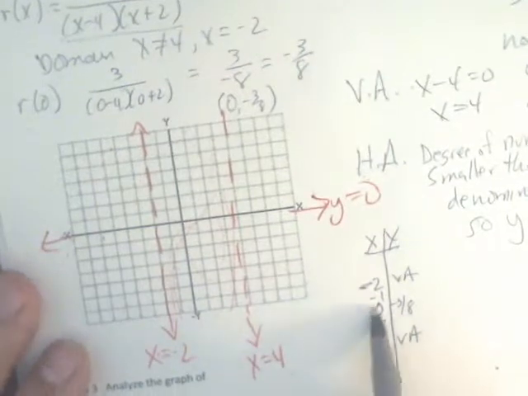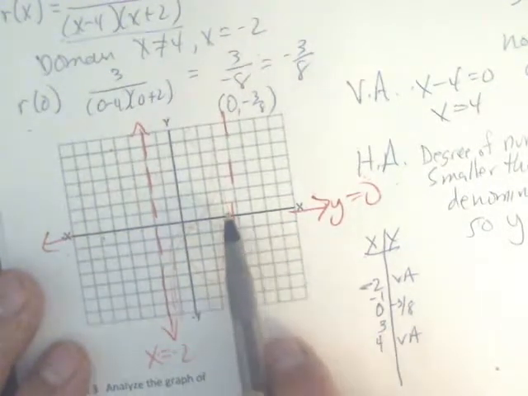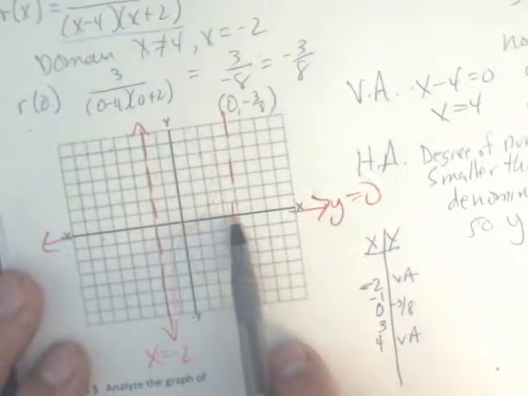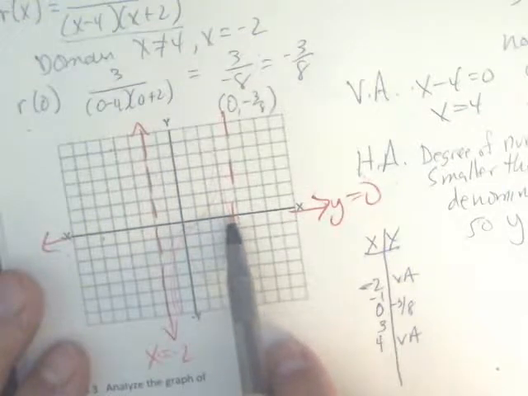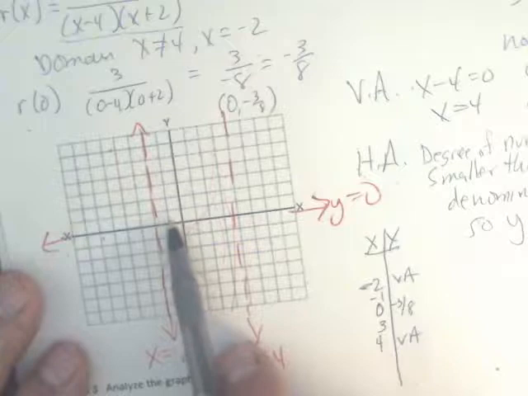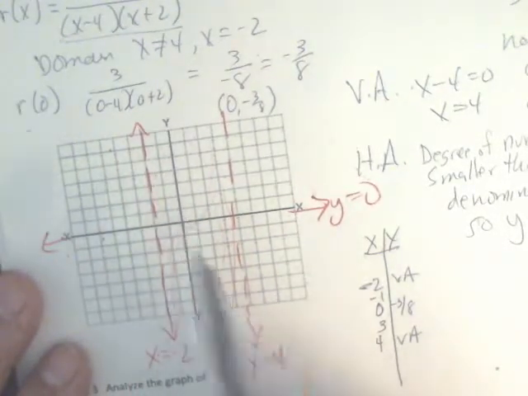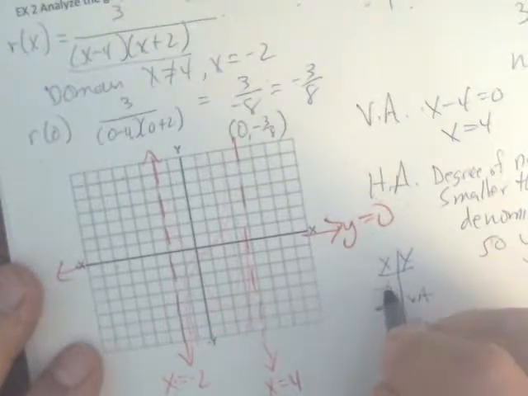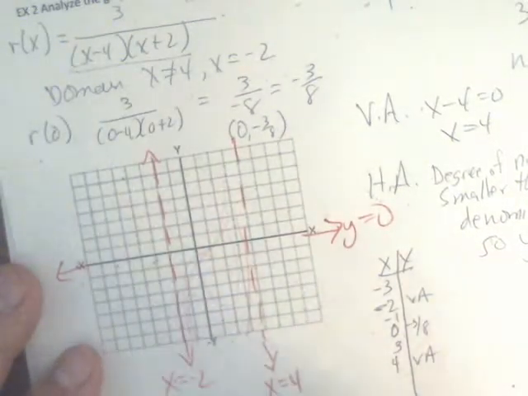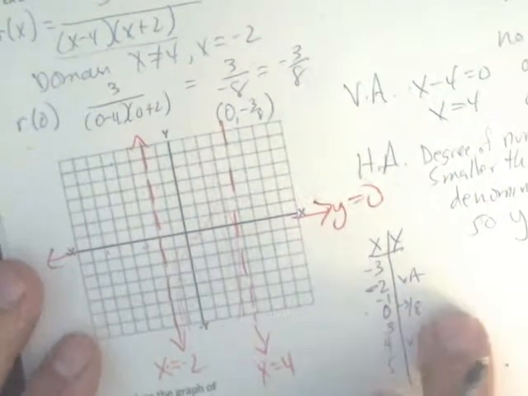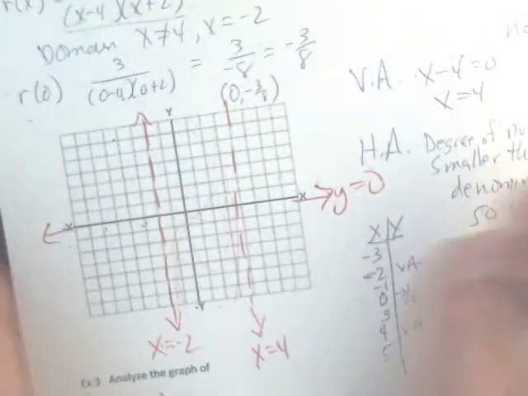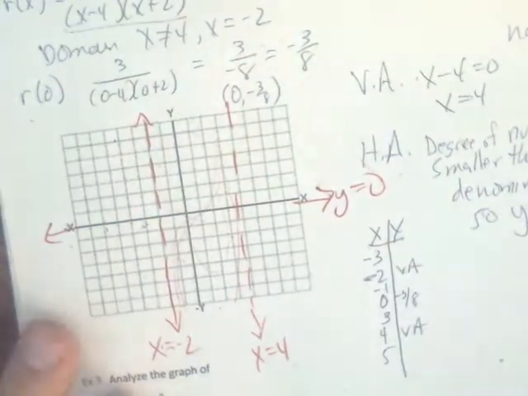Now what I'm going to do is choose two x's that immediately precede each vertical asymptote. So I'm going to put x is 3 and x is -1. That'll tell me a lot. Then I'm going to pick an x smaller and another x bigger, because I still need to know what's going on either side of the vertical asymptote.